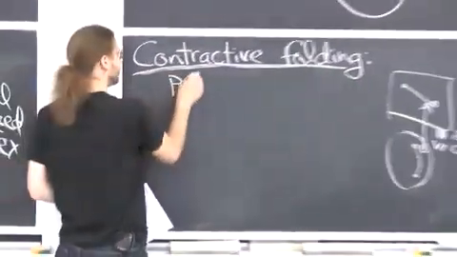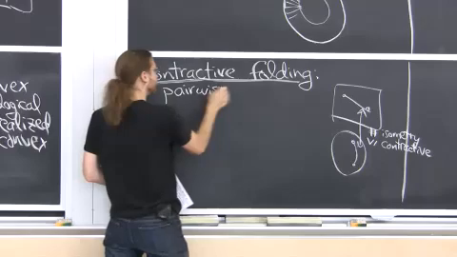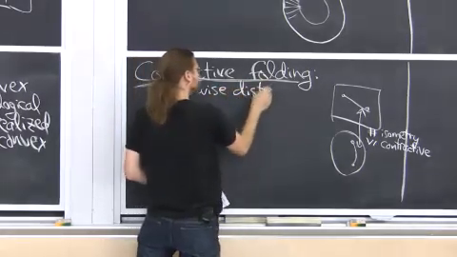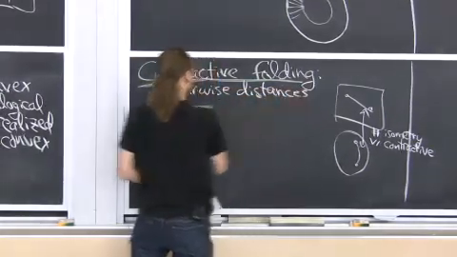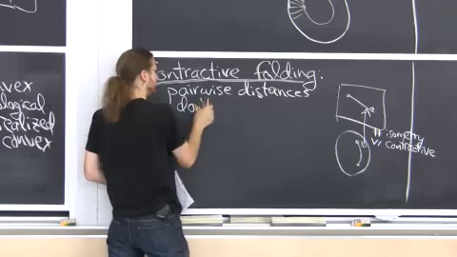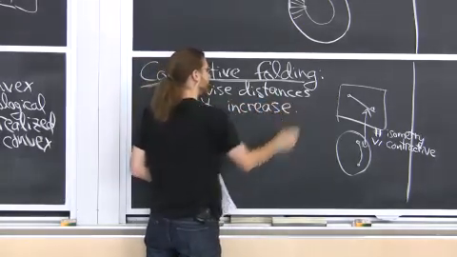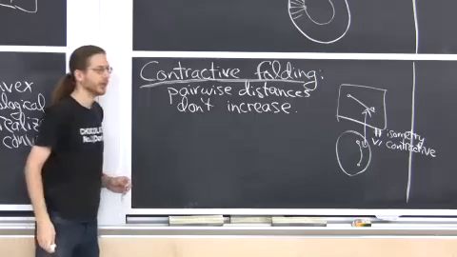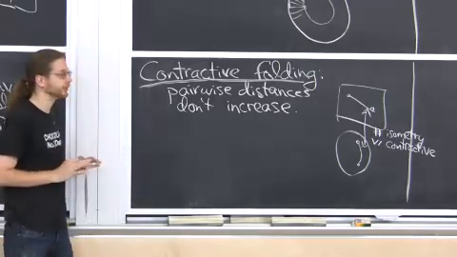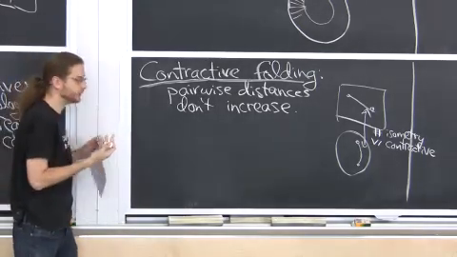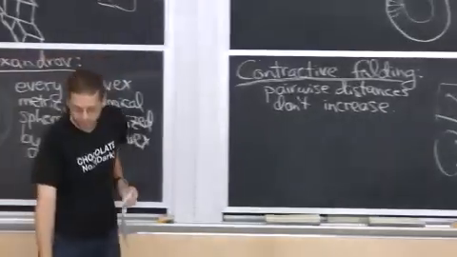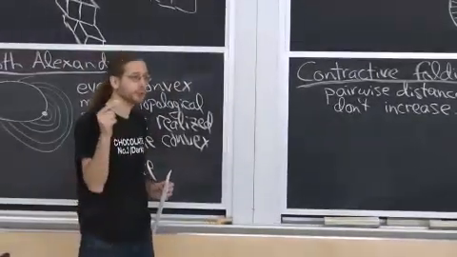So pairwise distances don't increase. So they could stay the same. We can still do regular origami, but we can also contract. And then it is possible to fold a sphere. Now, intuitively, what's going on is when you fold out of tinfoil, you can crinkle.